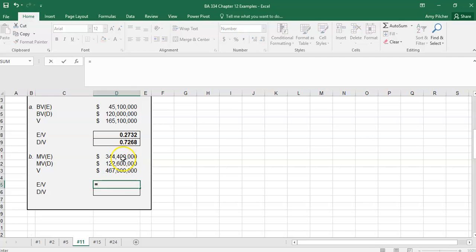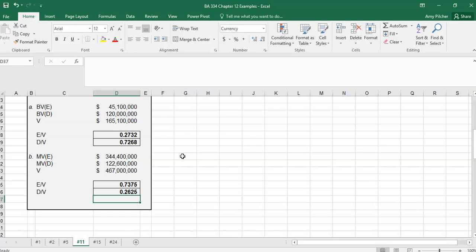We calculate our weights for each item, and you can see that now our weights are flipped, and we have 73.75% for equity and 26.25% for debt.